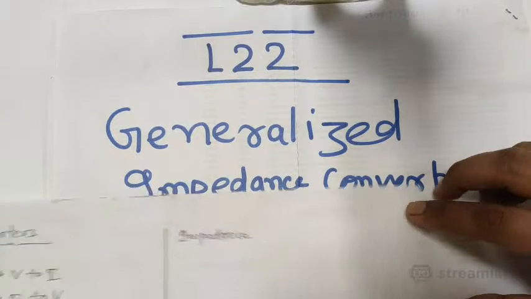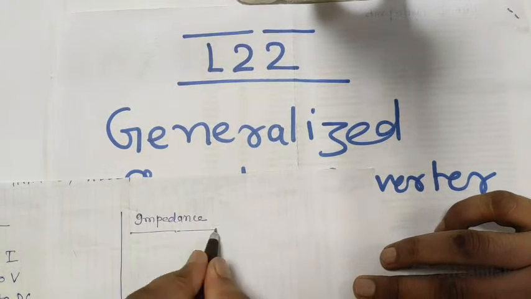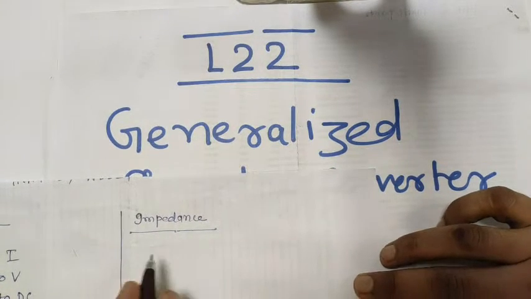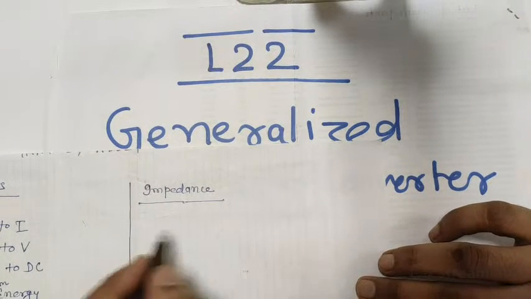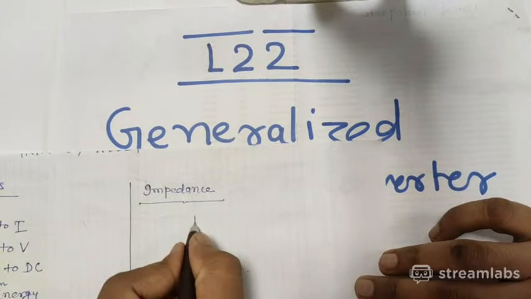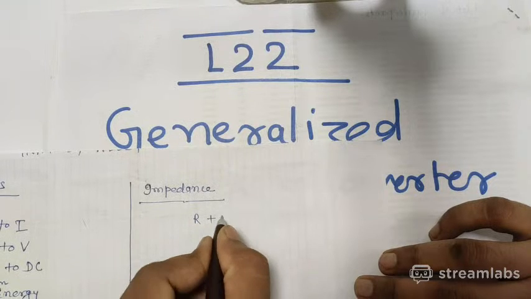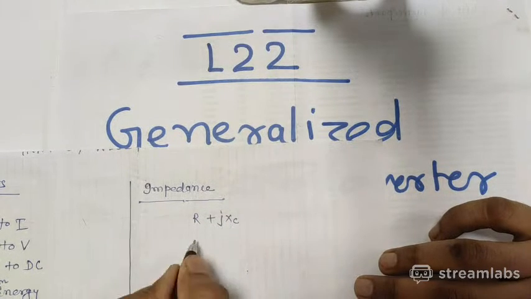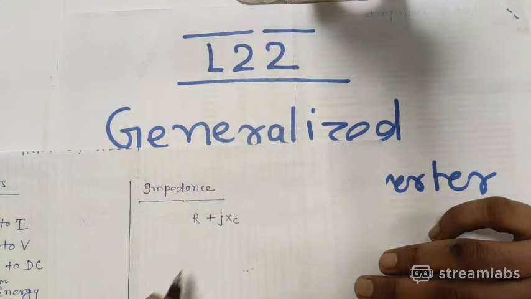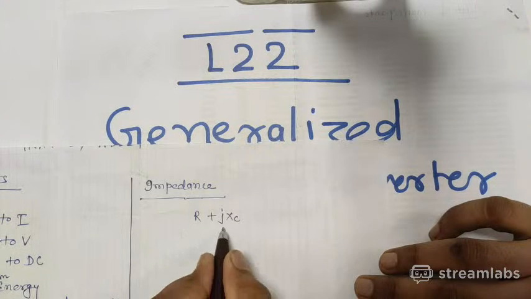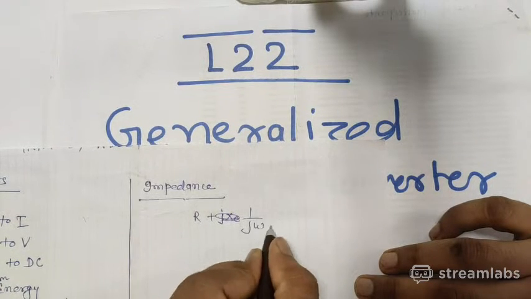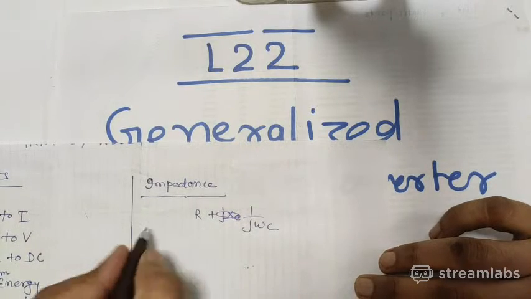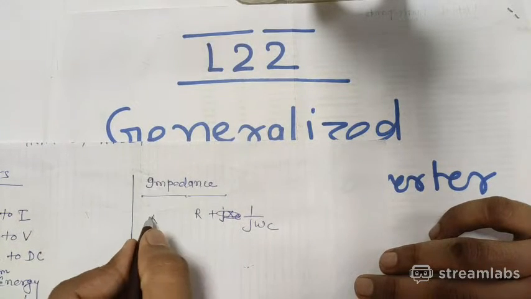Before going to the impedance converter, we should also discuss a little bit about impedance. Impedance can be a combination of resistance and reactance. So this can be R plus jXC, or R plus jXL. It can be R plus 1 upon j omega C, a capacitive kind of impedance.